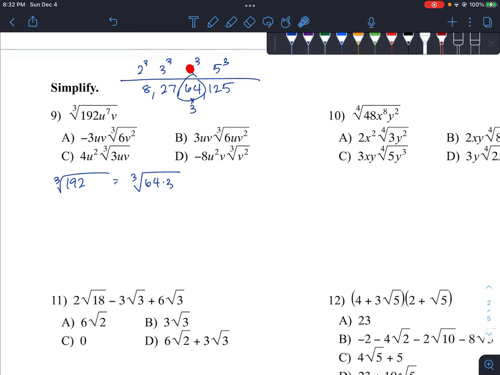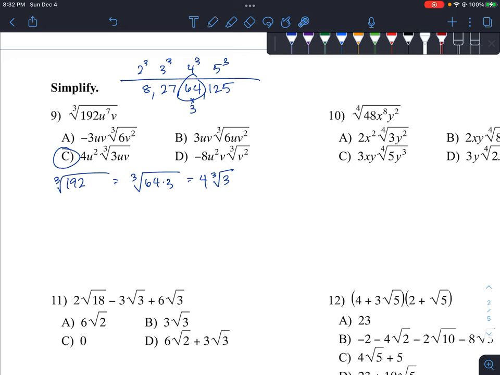So I can go ahead and evaluate this. Since I know that 4 times itself 3 times is 64, this is going to be equal to 4 cube root of 3 right there. Okay, now you can already kind of tell that the only option available there is C, because we figured that out right there. So that's pretty good, but let's just go ahead and solve the rest of it.